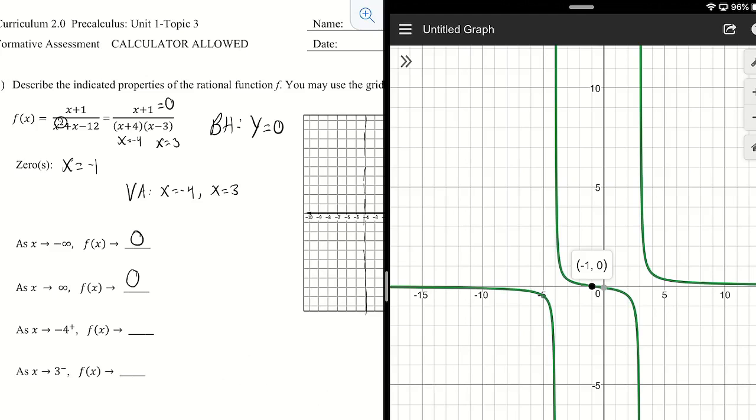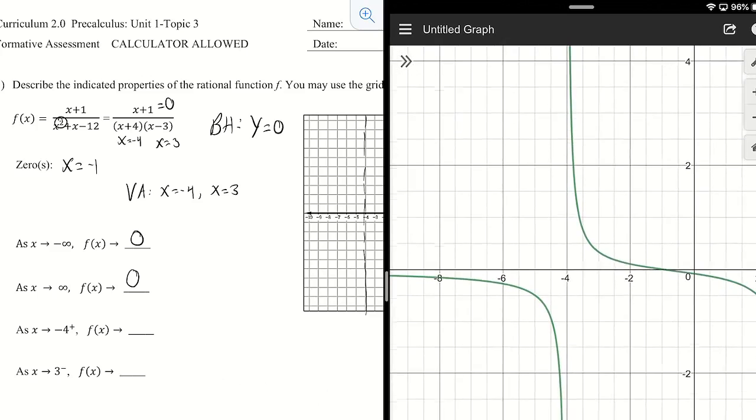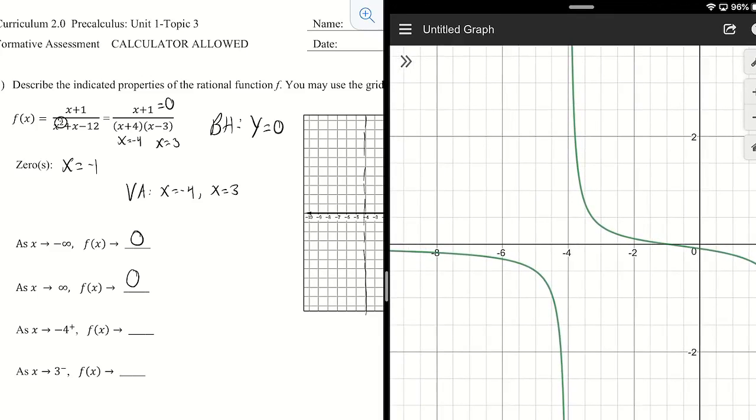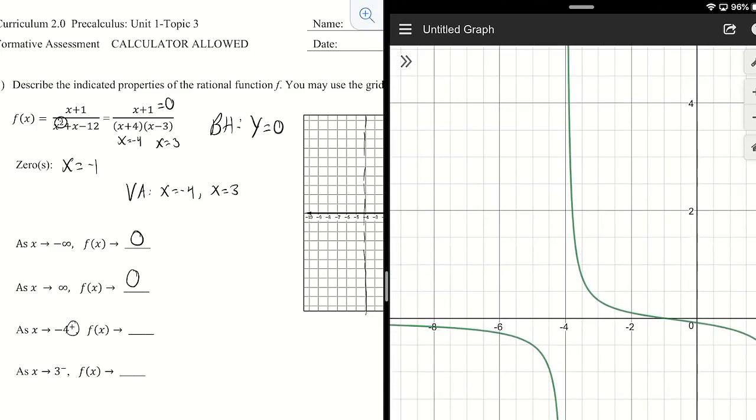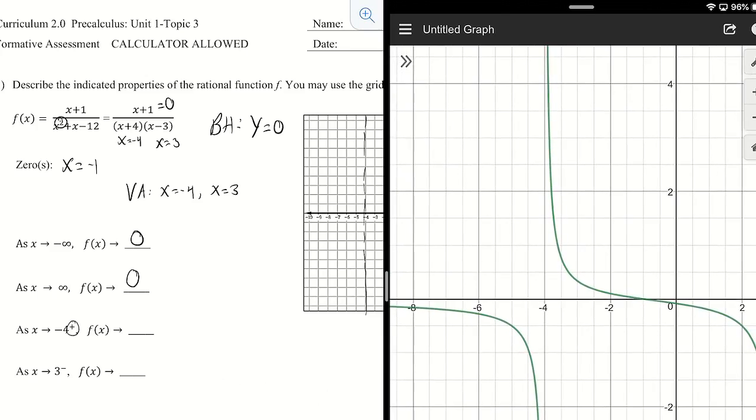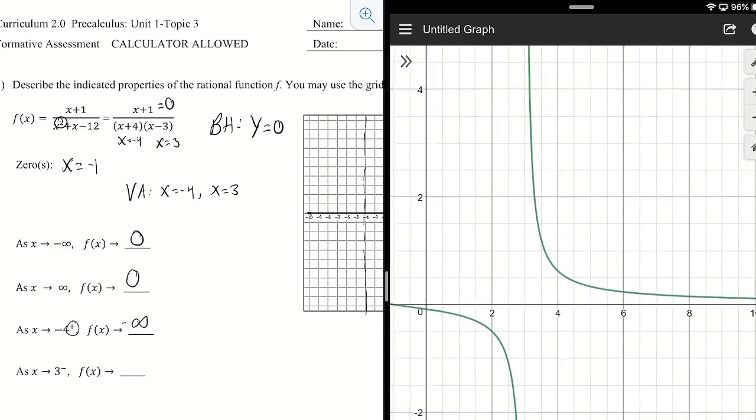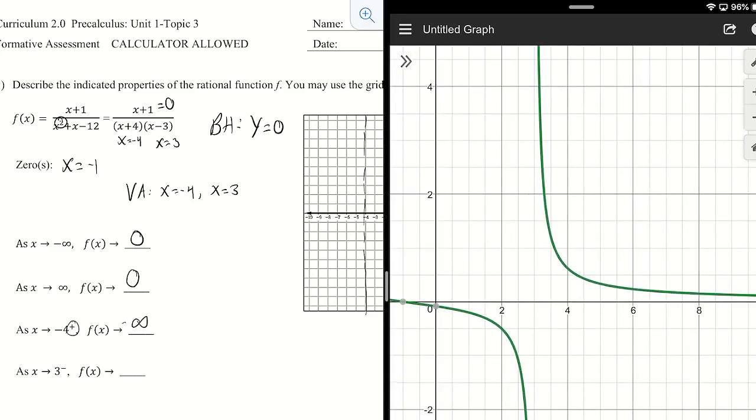Now, at -4, we can see on the right-hand side that it keeps going up to positive infinity. So here is going to be positive infinity. We're also talking about positive 3 right here.